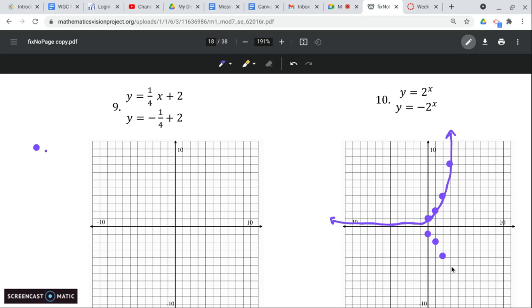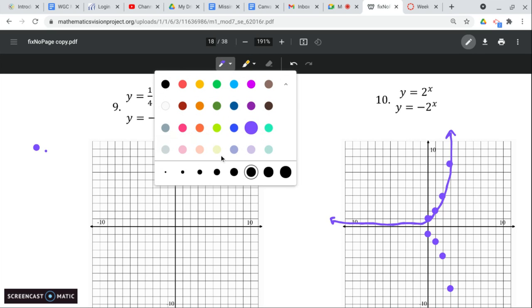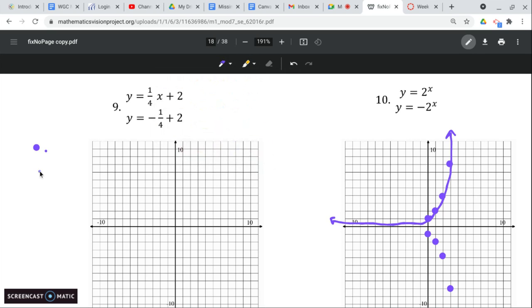And then we'll be at -8. So very similar to what we just did. Yes? Yes. They are just opposites of each other. So this is going to go down this way. This is going to approach the x-axis but never cross.